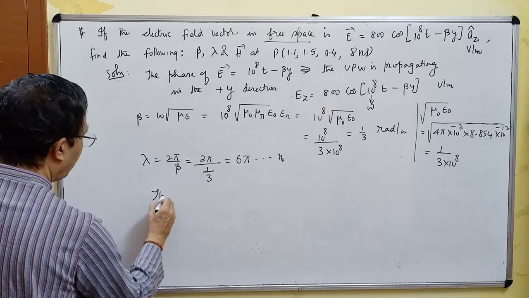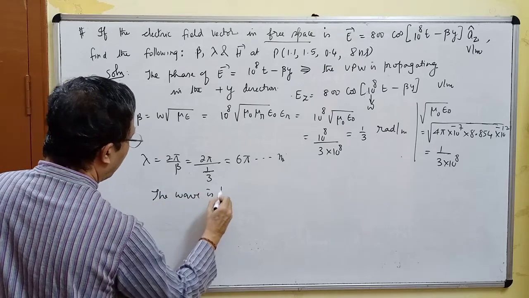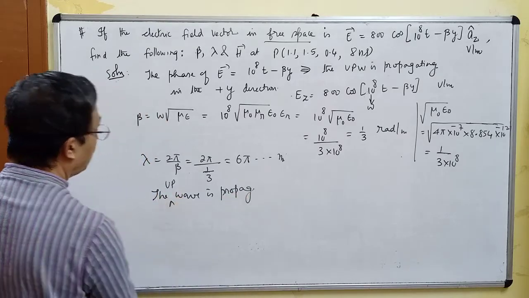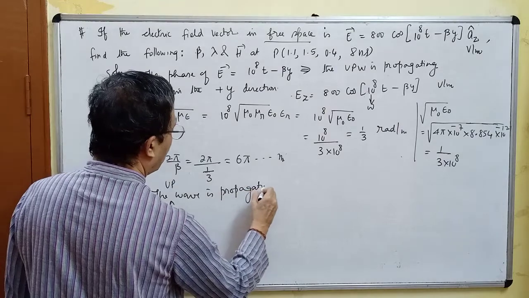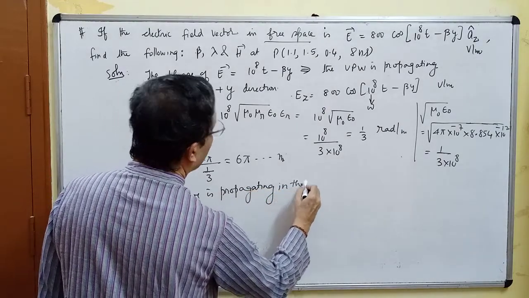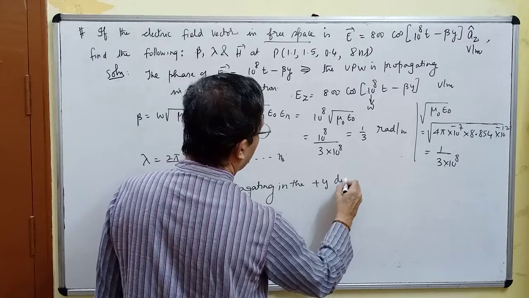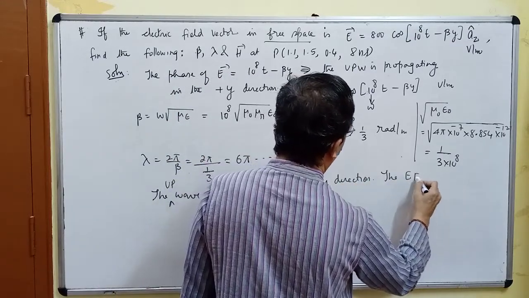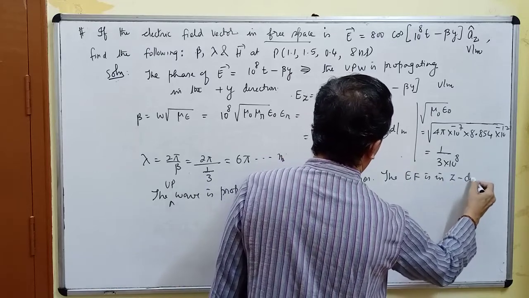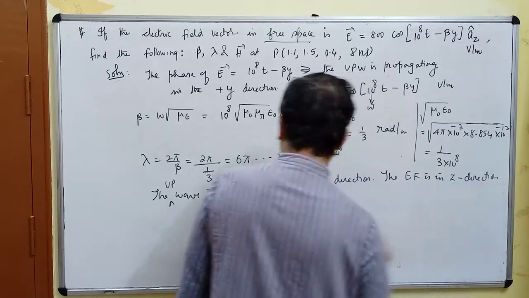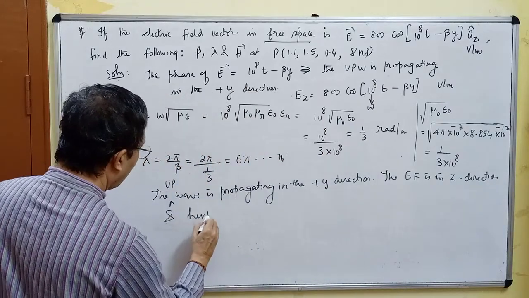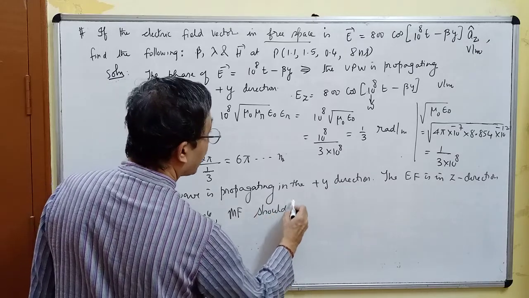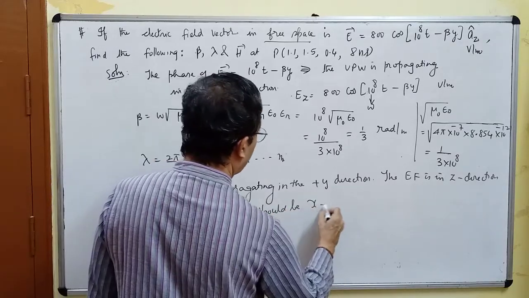The uniform plane wave is propagating in the positive y direction. The electric field is in the z direction, and hence the magnetic field should be in the x direction.